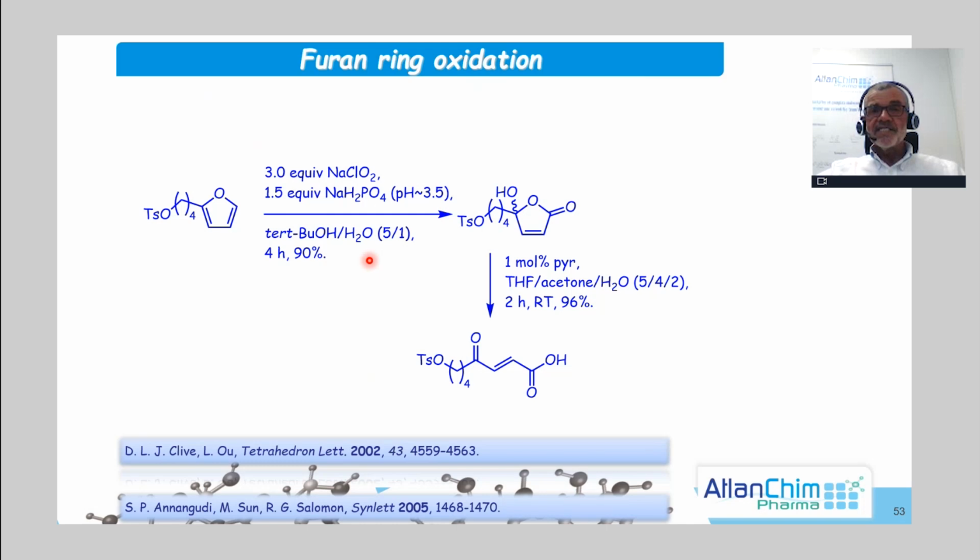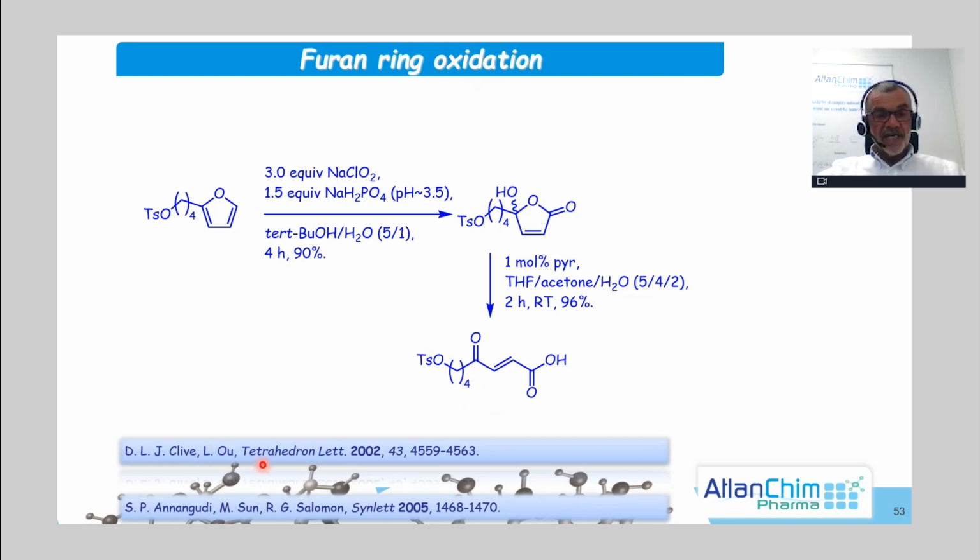In this example, the gamma-hydroxybutenolide intermediate here was isolated in excellent yield. Treatment of this latter intermediate with a catalytic amount of pyridine in a mixture of THF, acetone, and water afforded the E-4-oxo-2-alkenoic acid here in excellent yield.